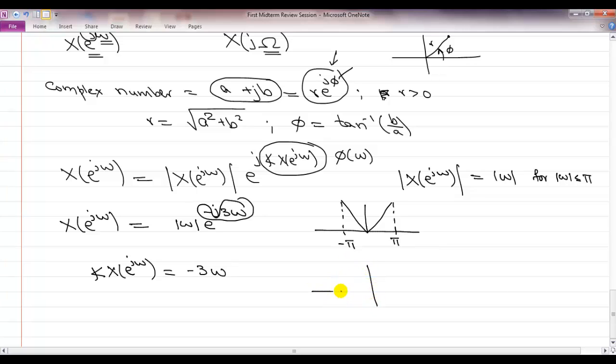The plot that you get for that is just a straight line with a slope of minus 3 as a function of omega. And what this plot is saying is, for every little omega, you can find out what is the Fourier transform as a complex number, what is the magnitude of that Fourier transform, or what is the phase of that Fourier transform for that particular value of little omega.